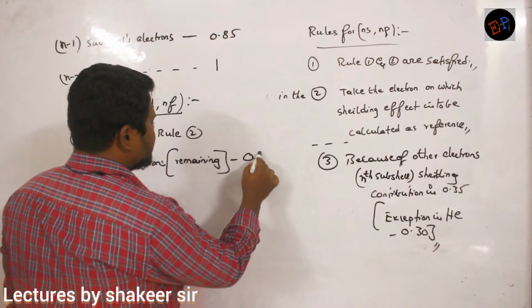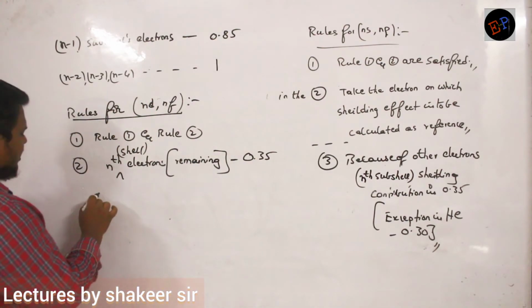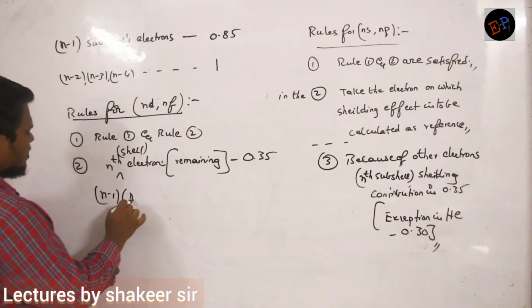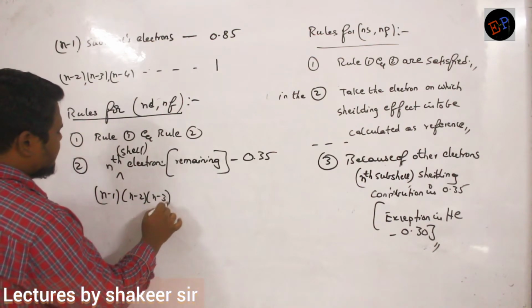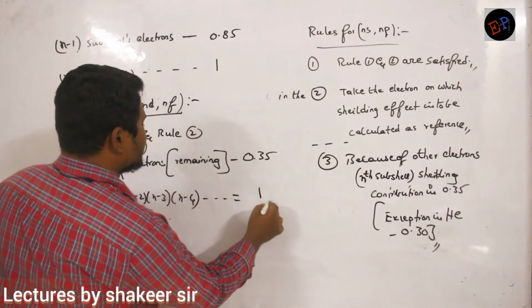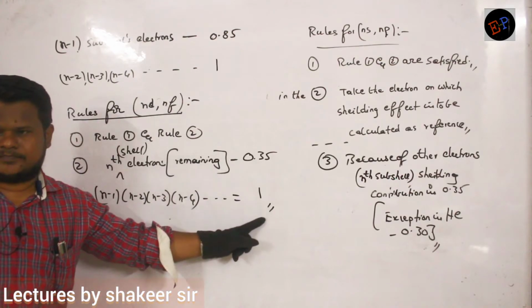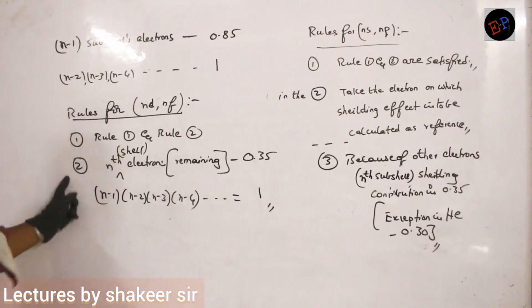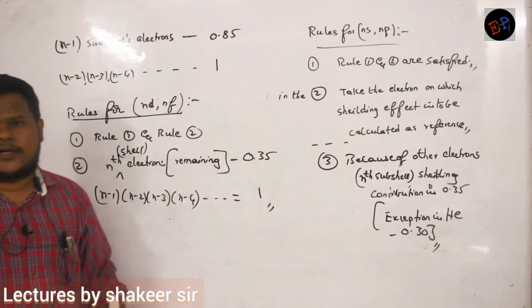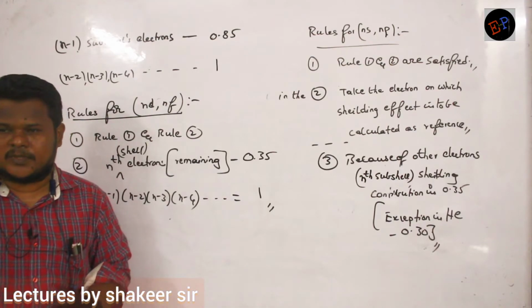They will give a contribution of 0.35. And for the remaining n minus 1, n minus 2, n minus 3, n minus 4, whatever it may be, they will give a shielding contribution of 1. So there are only two rules in the case of electrons in the d and f subshells. Are you able to understand?